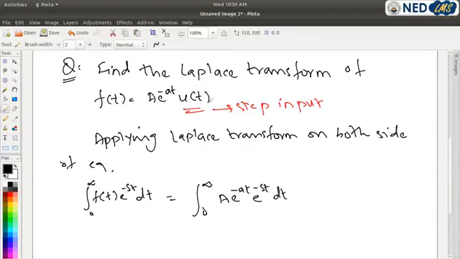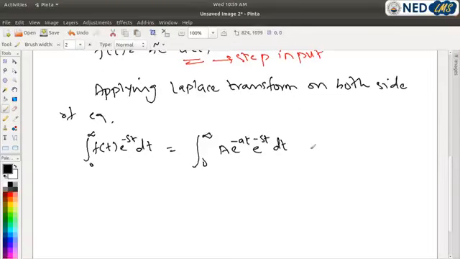The value of u of t is equal to 1 after t greater than 0, and we are using this integral from 0 till infinity. So the value of the step input will become 1 after t greater than 0, so simply removing it. Now solving this integral.